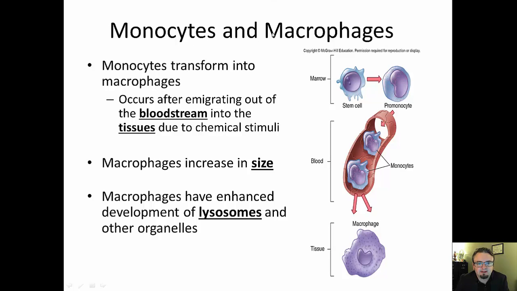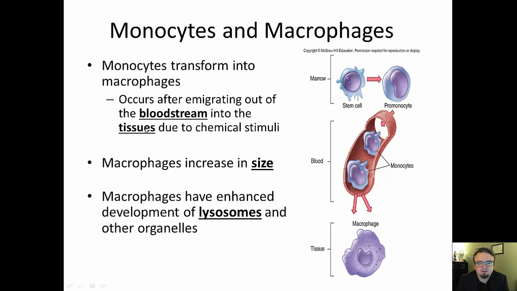Now, these two cells are connected in the sense that they actually begin as monocytes, and then monocytes will transform into macrophages. This takes place through various stages of cell development. Cells start out as a stem cell. They ultimately will develop into a monocyte. Monocytes are somewhat characterized by being found in the bloodstream.